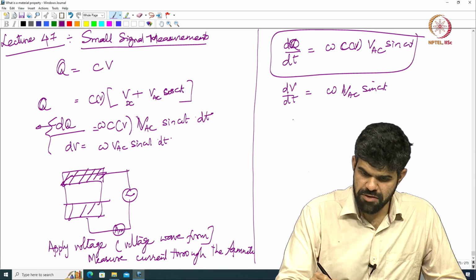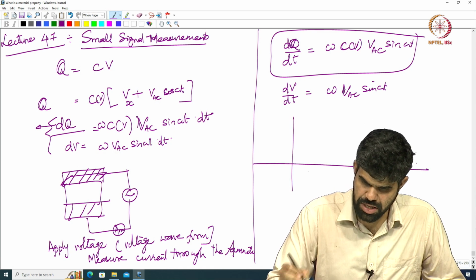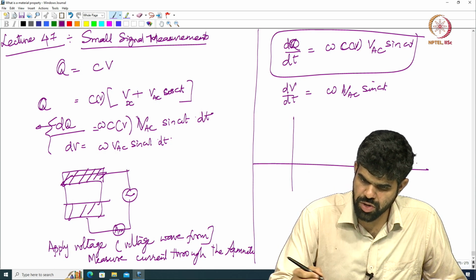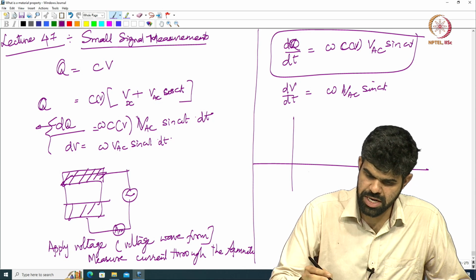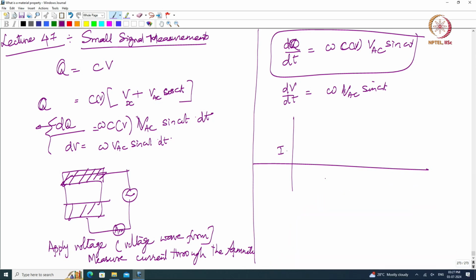Now, if I am charging a capacitor and I measure the current, how is the current going to behave as a function of time? I have voltage versus time. If it is a cos omega t dependence, let me not worry too much about the DC component.